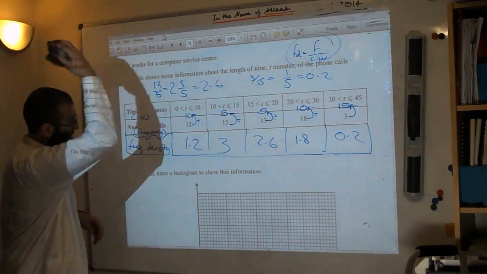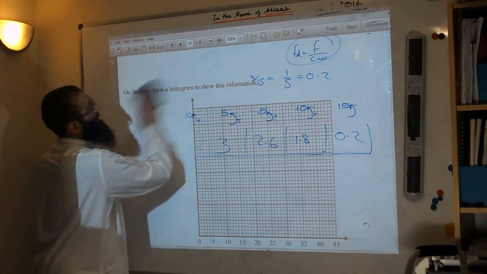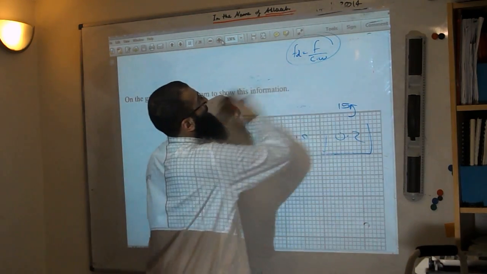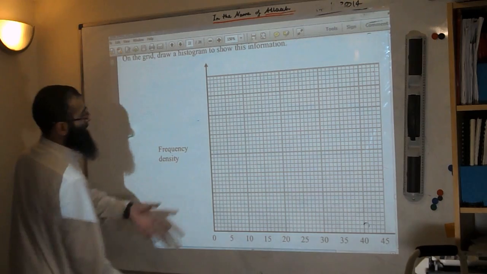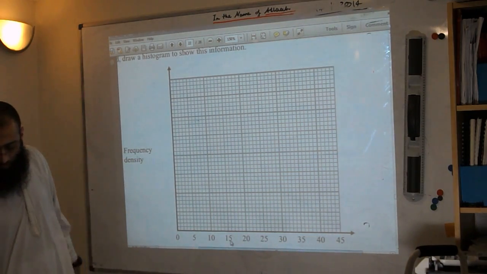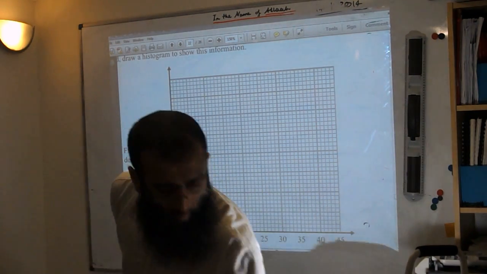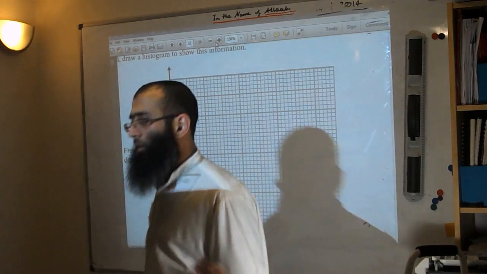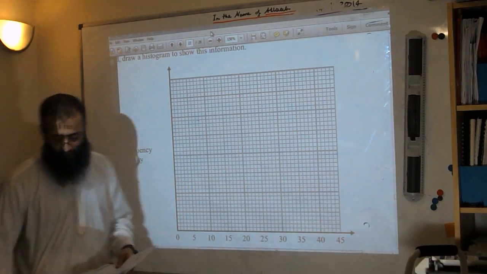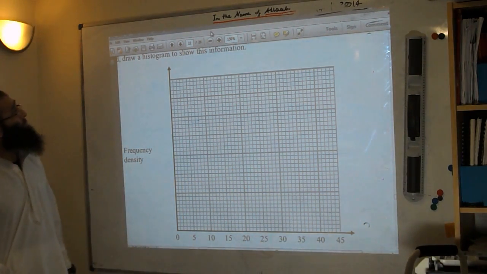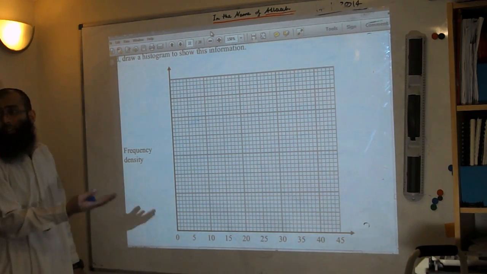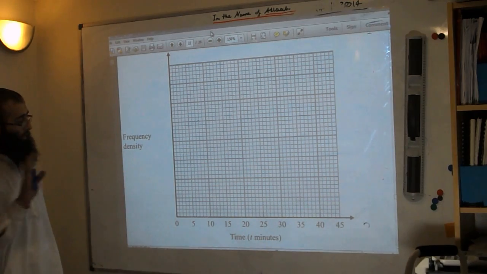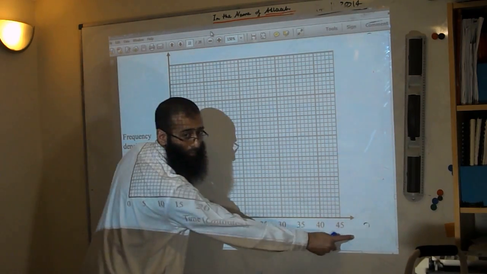Okay, bring it up and make the graph nice and big. This is the frequency density, on the vertical axis, and time on the bottom.